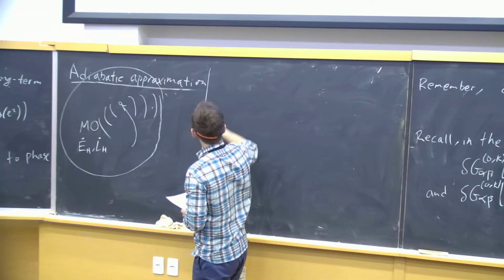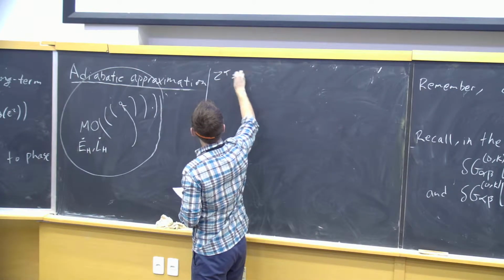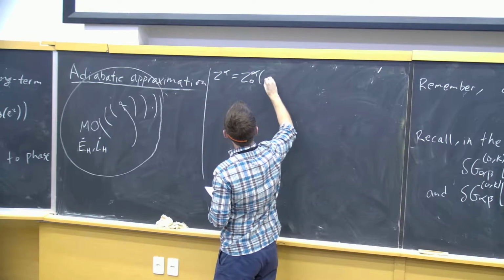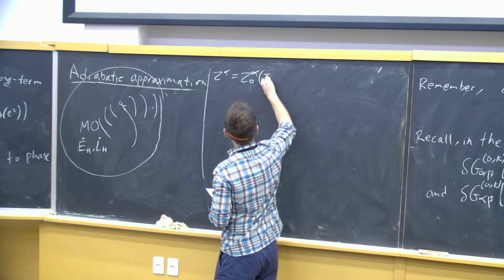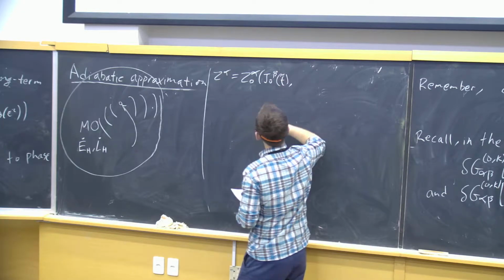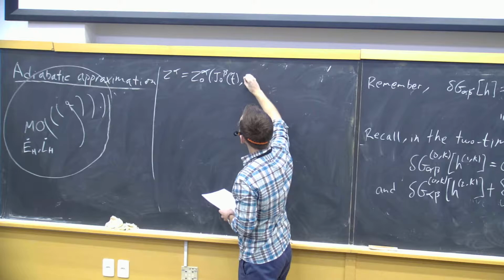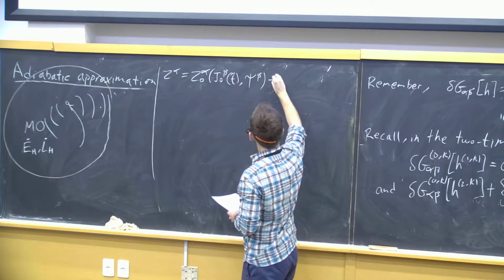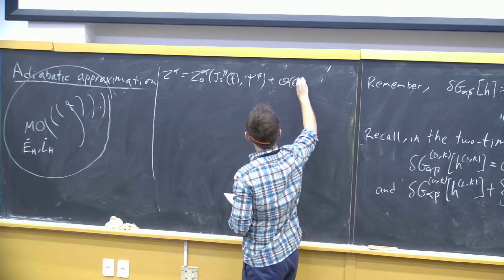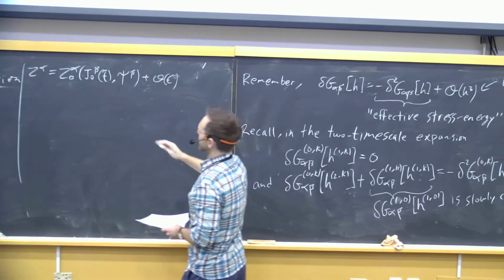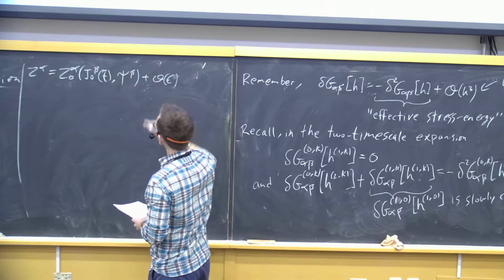So remember, I had Z alpha is Z0 alpha. It's a function of slowly changing orbital parameters and these orbital phases. And since we're interested only in leading order for this adiabatic approximation, we can neglect the corrections.